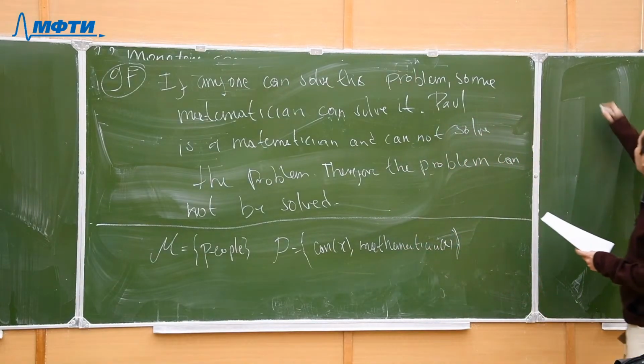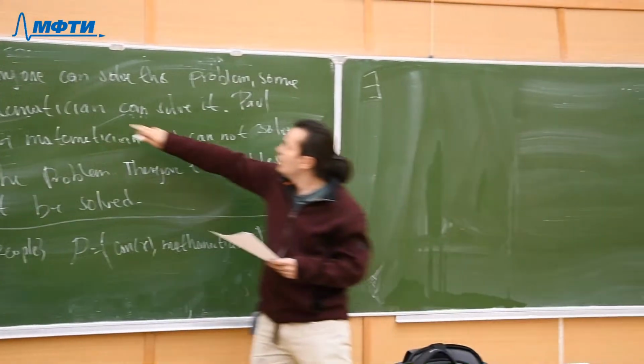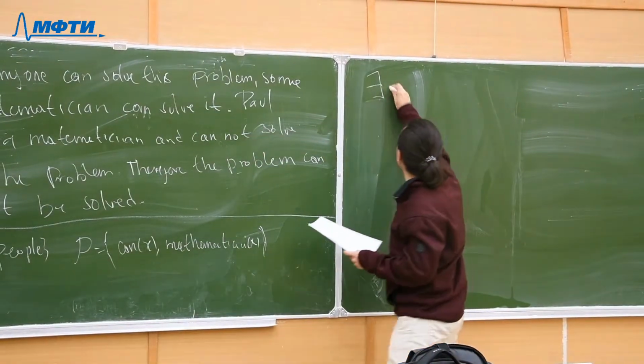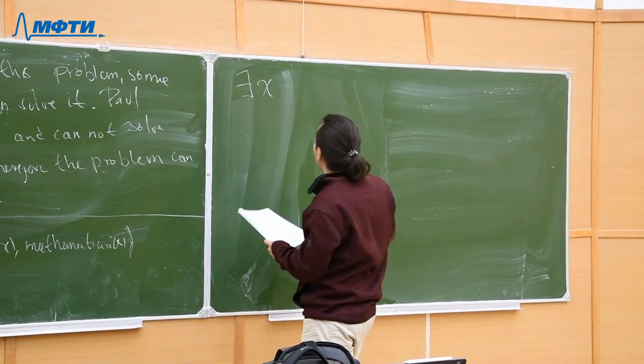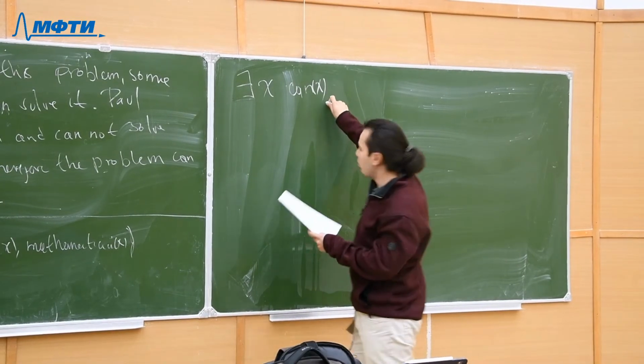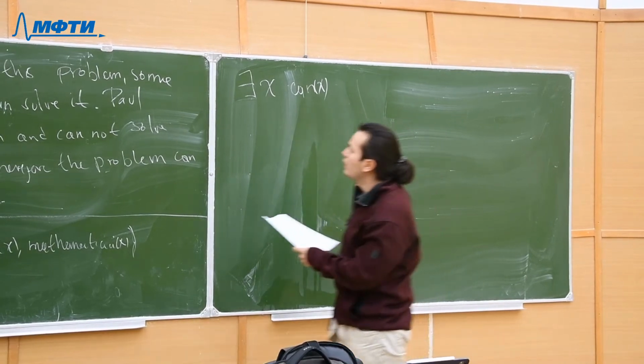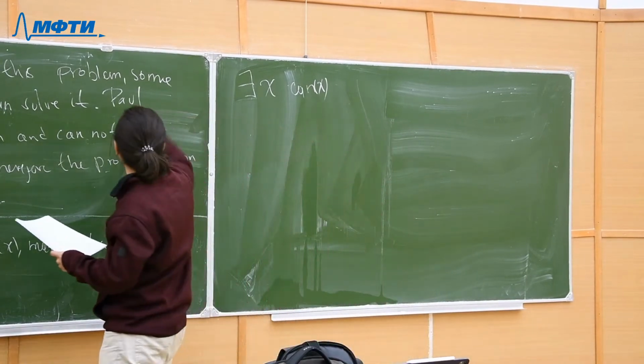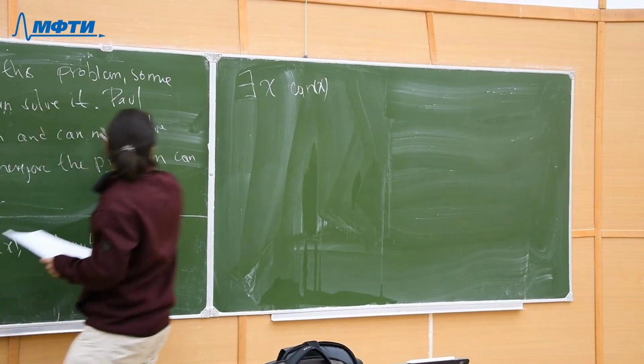And then we can write that if anyone can solve this problem, so if there exists somebody that can solve this problem, then some mathematician can solve it.